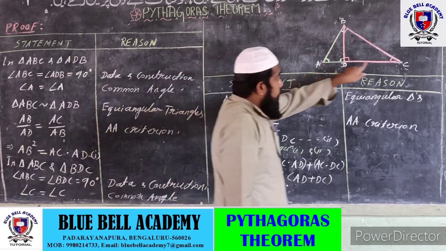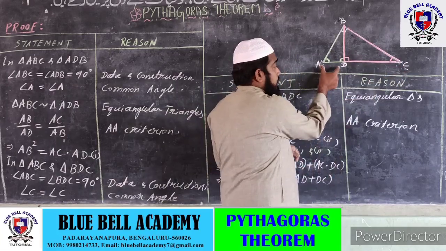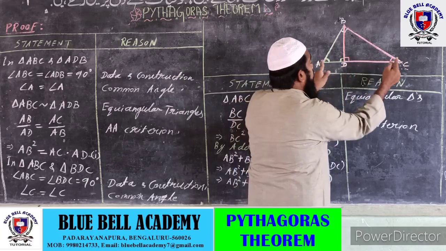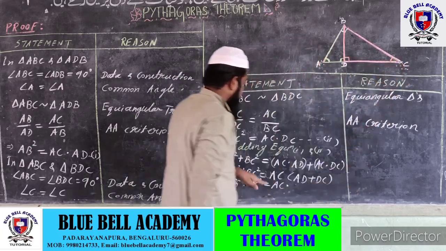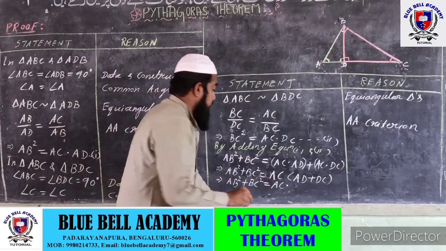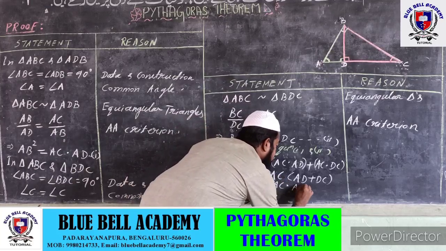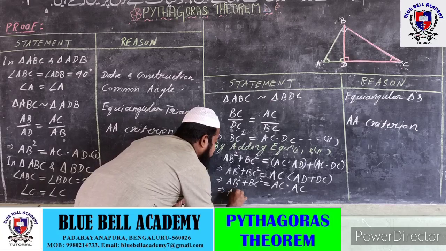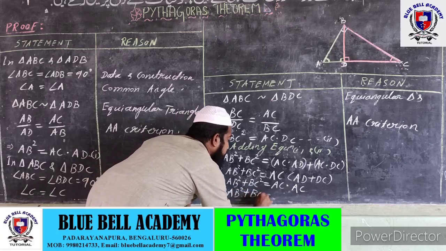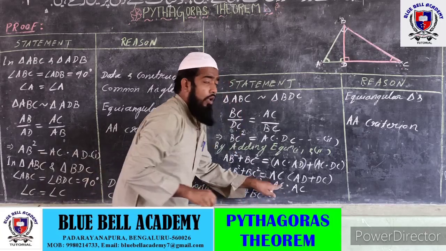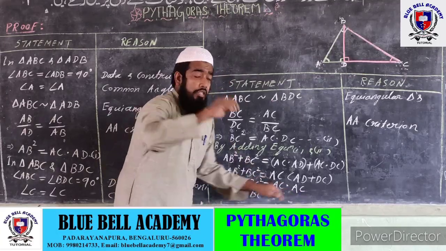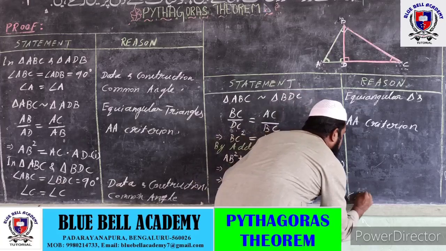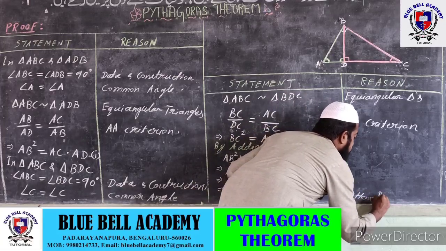You look at your figure, AD, this part, and DC, this part. If you add these two, it became AC. So AD plus DC became again AC, and finally we got AB square plus BC square is equal to AC into AC, which is AC square. So we got AC square, and here we have to mention hence proved.